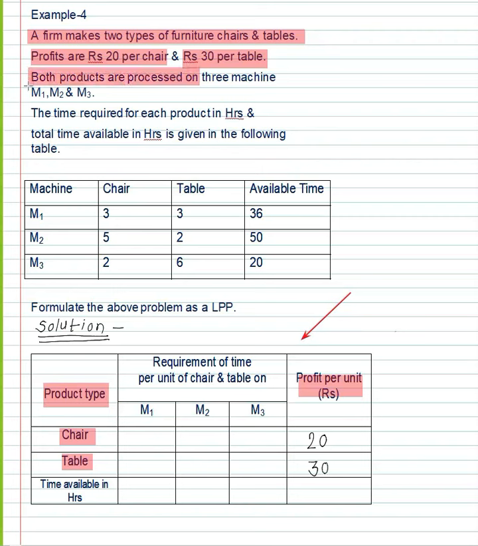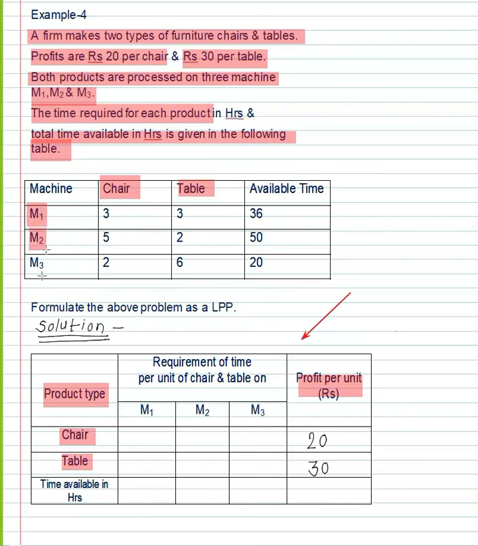Both products are processed on three machines, M1, M2, M3. The time required for each product in hours and total time available in hours is given in the following table. Both of these products, chairs and table, are processed on three machines.